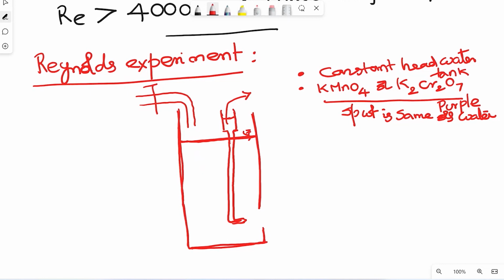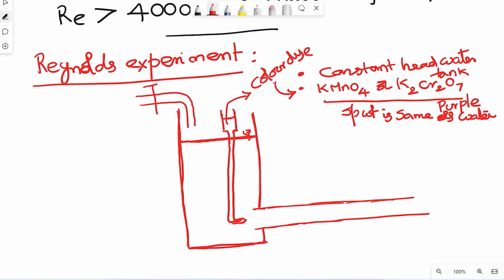So that is what we call a color dye, and he filled it in the tank. Now he has put a glass tube. This is all a glass tube, and the entry part of this glass tube is a bell mouth entry.